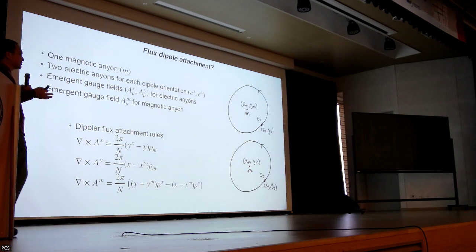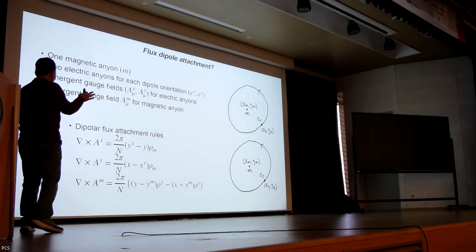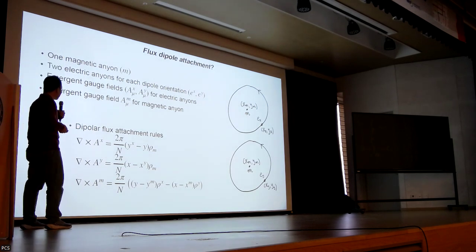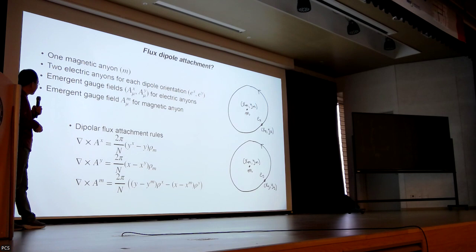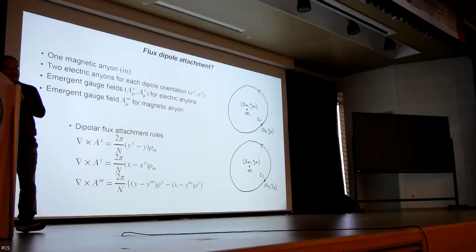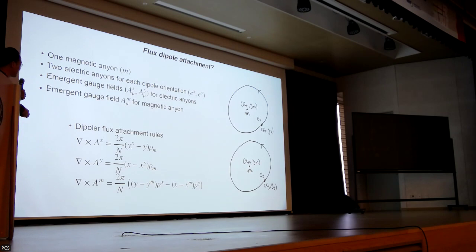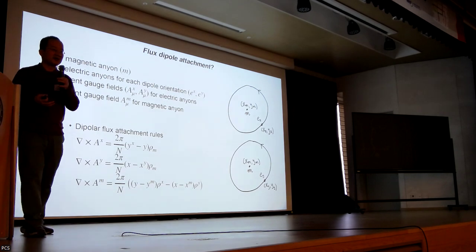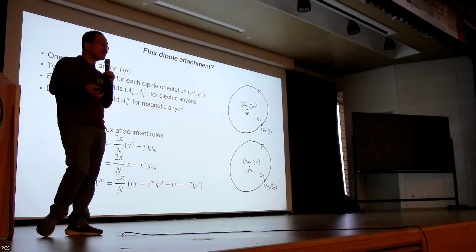And hopefully the dipolarized version of the flux attachment rule that we know and love is going to read something like that. So unlike the previous expressions where you have just some sort of a density on the right-hand side, I have a density multiplied by a coordinate. And that's a characteristic of a dipole density, right?